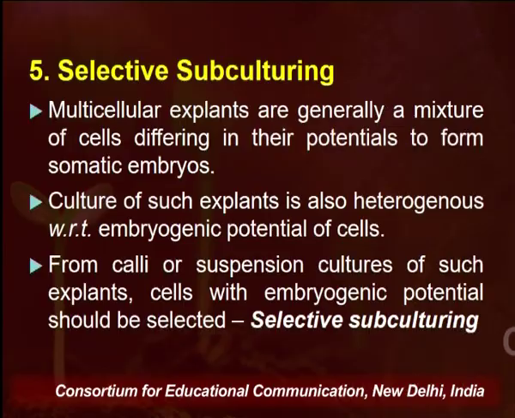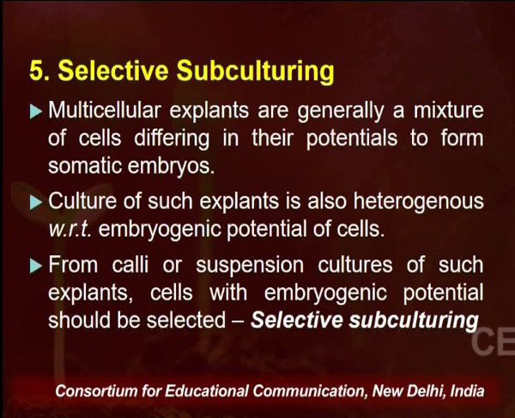Now we know that explants are multicellular in many cases, and they contain a mixture of cells which differ in their potential to form somatic embryos, because every cell under in vitro conditions will behave differently depending upon its capacity or ability to develop. So the culture of such explants is also heterogeneous.